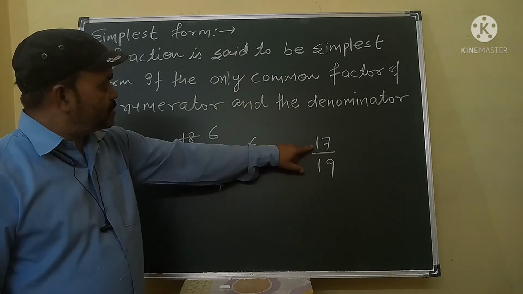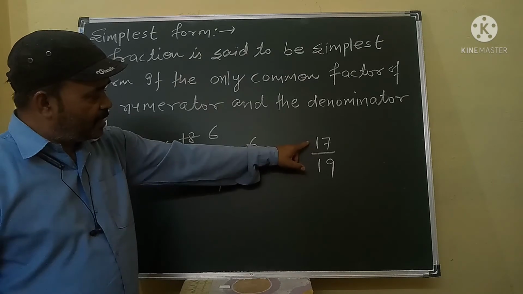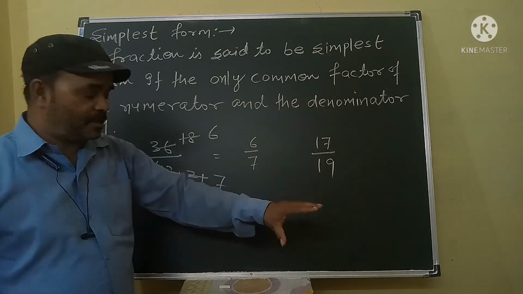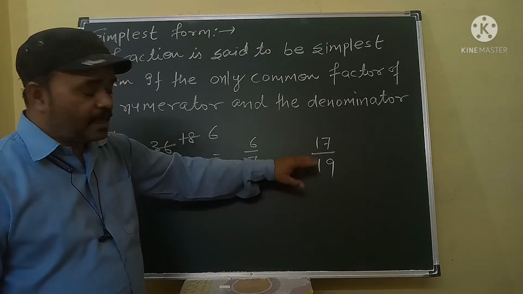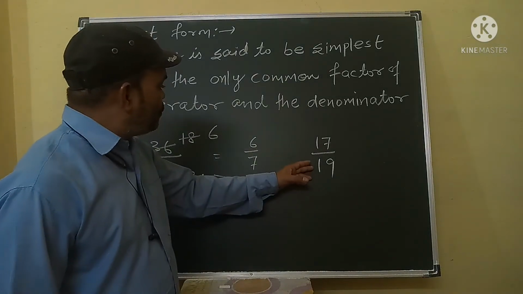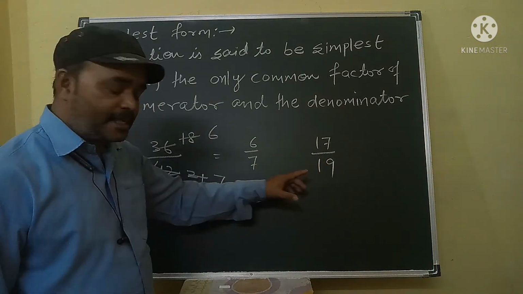You know very well, 17 is a prime number, 19 is a prime number, and these two numbers are not divisible by any other number. So the simplest form of 17 upon 19 is 17 upon 19.